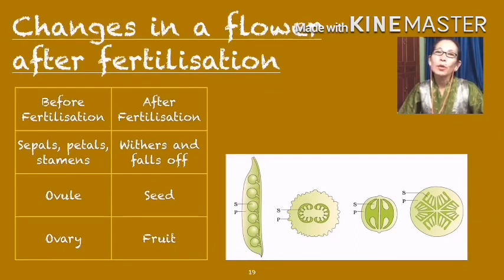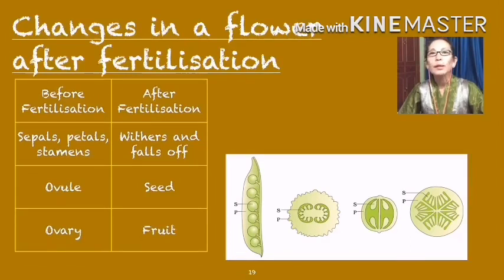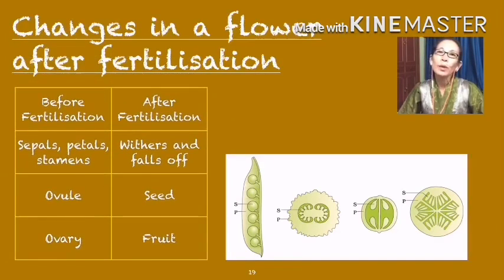The pistil then undergoes modifications, including the matured ovule becoming the seed and the ripened ovary changing into fruit. And the fruit gets surrounded by the pericarp, which is formed from the ovary wall.